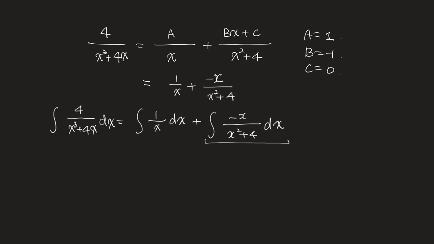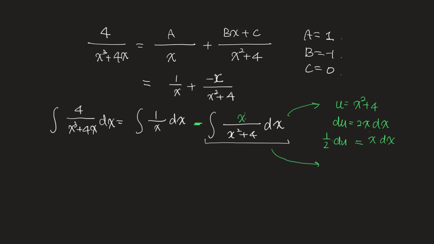Let's talk about this one. What do you have to do, guys? You're going to use u-substitution. u is x squared plus 4, du is 2x dx. You see this negative; put it outside first. So this part is the integral of x dx, and x dx is 1/2 du.